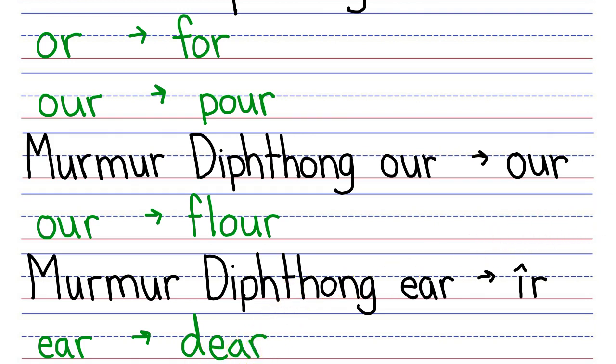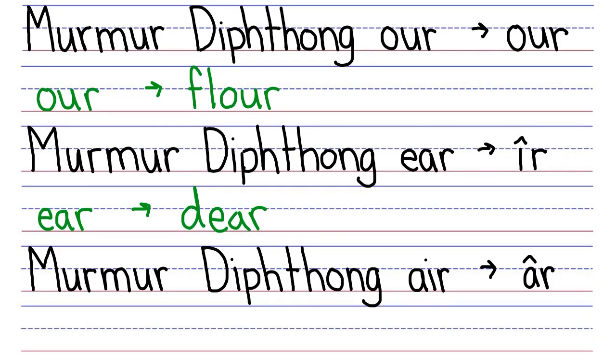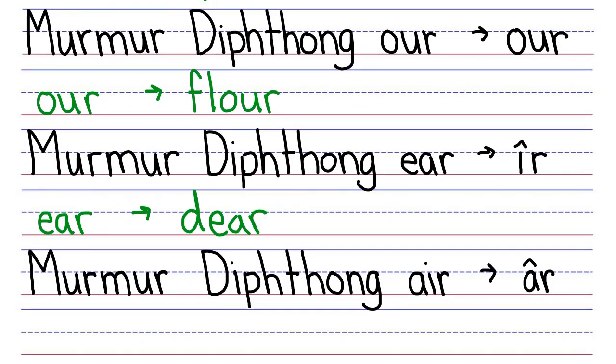And then we have the murmur diphthong air, also spelled EAR. For example, bear. We have a B that says B, and an EAR that says air.